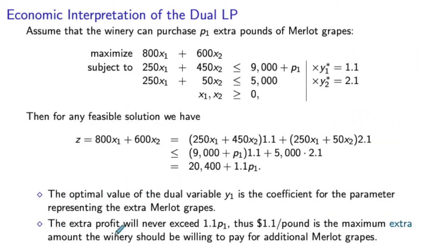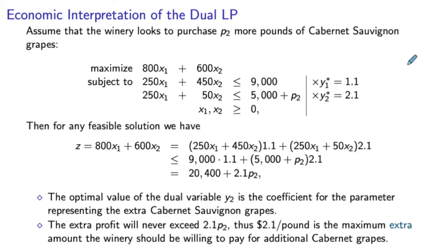So we concluded that the extra profit will never exceed 1.1 times P1, where 1.1 was the optimal value for the dual variable y1. Therefore, $1.10 per pound is the maximum extra amount the winery should be willing to pay for any additional Merlot grapes. Alright, so similarly, we can do the same analysis to see that the same thing is happening with the second dual variable and the second constraint.